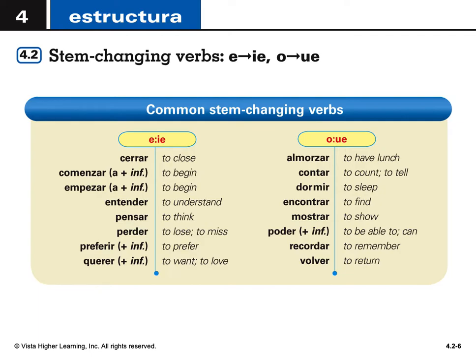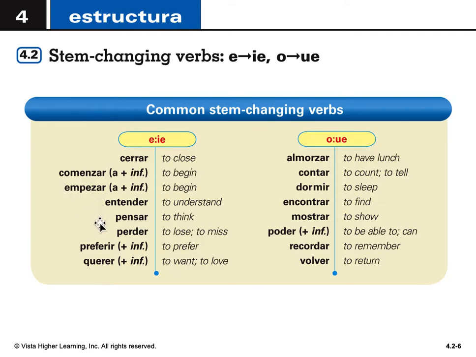So here is a list of common stem-changing verbs. It's not all of them in the world, but it is the most basic list of verbs that have these changes. So cerrar, the E here is going to change to IE. Comenzar is another way to say empezar. They both mean to begin.